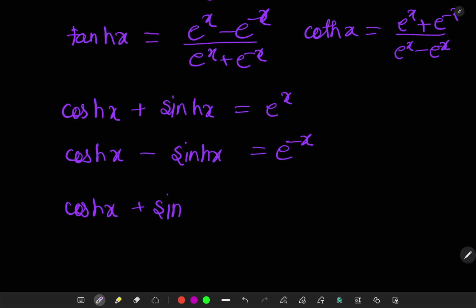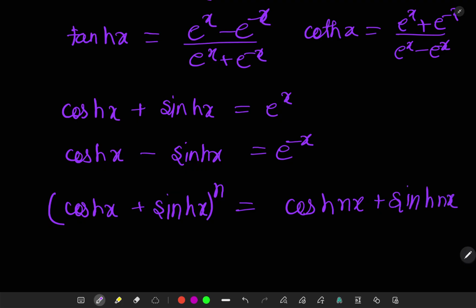Here if we apply de Moivre's theorem for hyperbolic functions, it also works as we used in cos theta plus iota sin theta whole power n, so we can write cos hyperbolic nx plus sin hyperbolic nx.